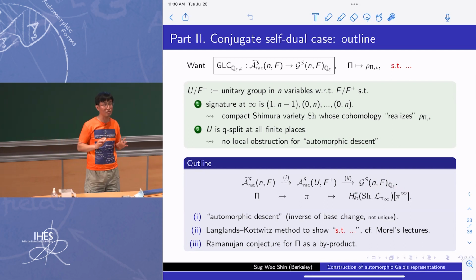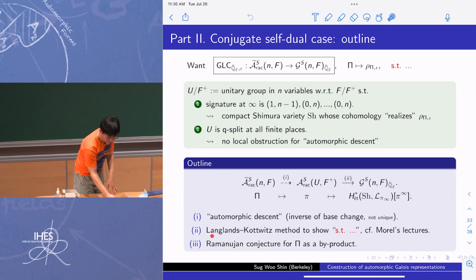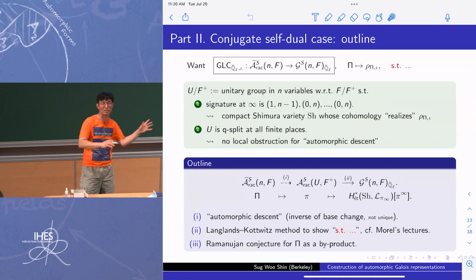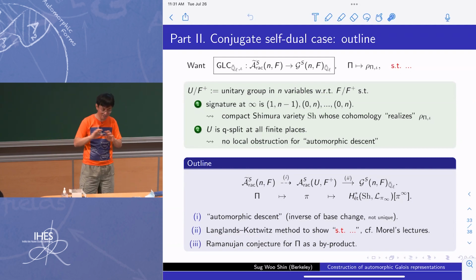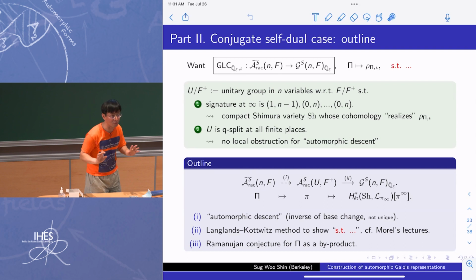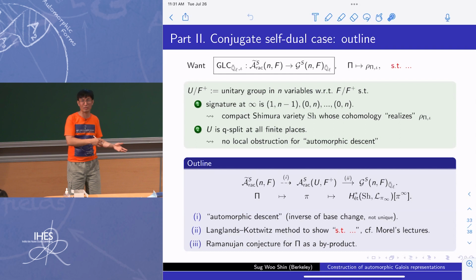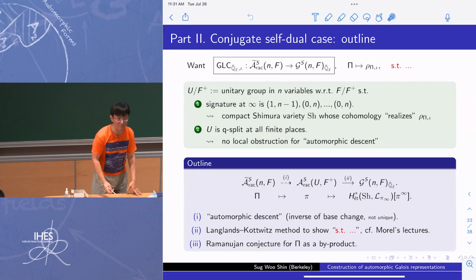And in fact, if you make this argument carefully, then they all appear in the middle degree of the cohomology. So as far as you can make the Langlands-Kottwitz method work, the Satake parameters are basically Frobenius eigenvalues in the middle degree cohomology. So that way you can show that the Ramanujan conjecture holds for the capital pi. This kind of strategy was already used by Deligne when he proved the Ramanujan conjecture for GL2 for classical modular forms, pretty much the same idea.